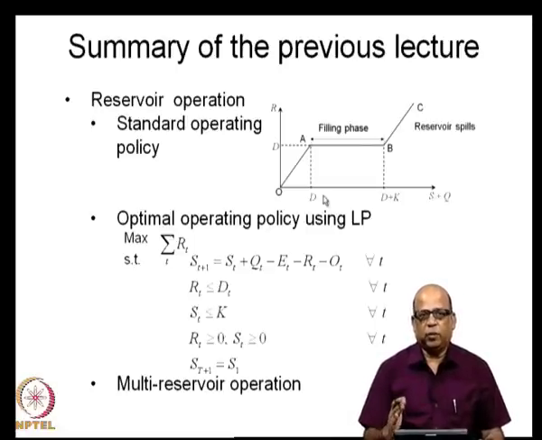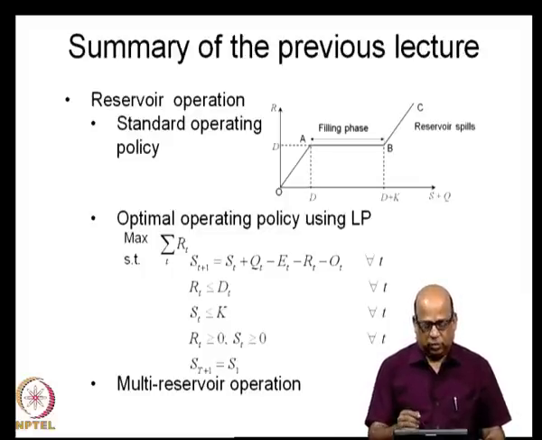As I mentioned in the previous class, the standard operating policy is not an optimal policy, because you are not looking at other time periods. Then we discussed how to formulate an optimal reservoir operating policy for the same given data.